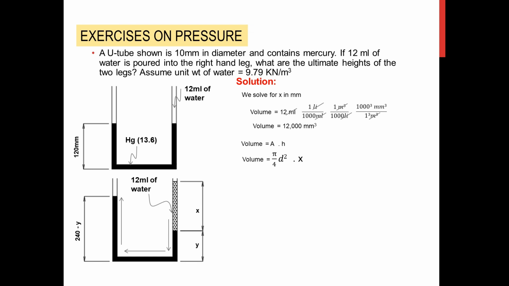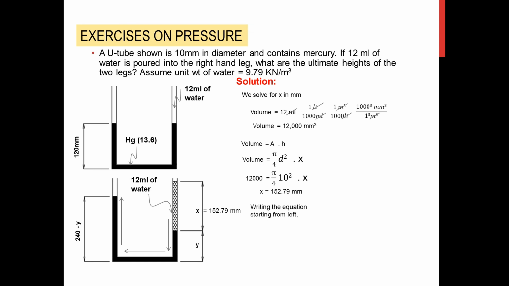So the height here will be x variable. We just substitute the diameter of the U-tube, that is 10 squared, 10 raised to 2. Having that, we can derive for x. So x will be equal to 152.79 millimeters.